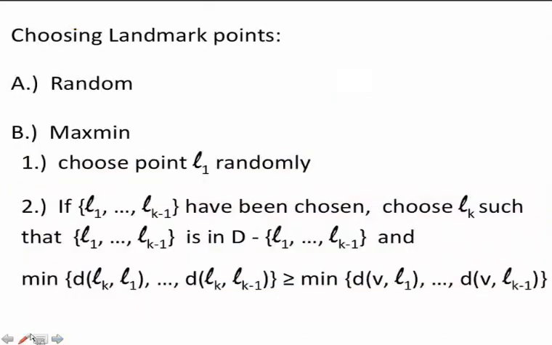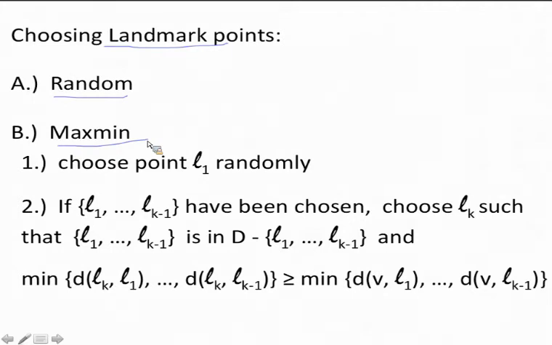We also want to be able to choose our landmark points. There are currently two main methods of choosing these red points. Random actually works fairly well. So random is actually frequently done. Another common method is max-min, but you also might have something particular to your application too.